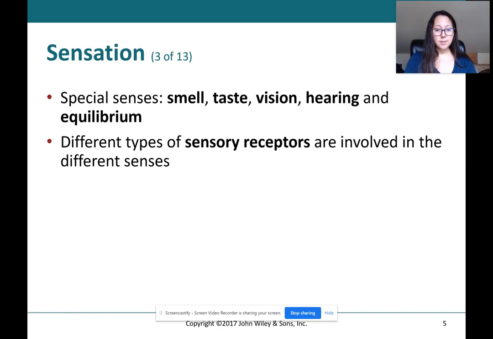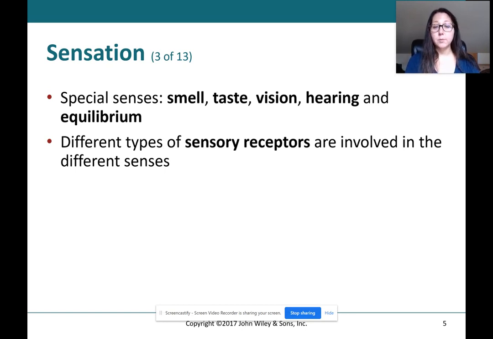Special senses are probably what you typically associate with senses: smell, taste, vision, hearing, and equilibrium. So we don't have feeling or touch on that list because it's mostly described by those general senses.